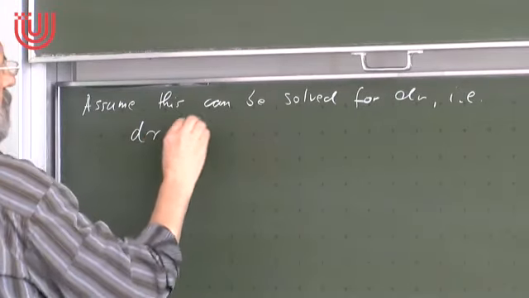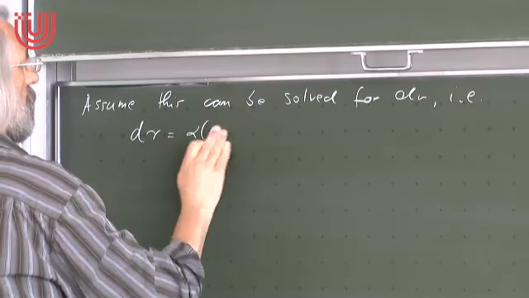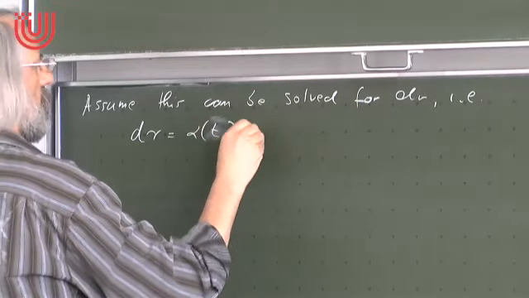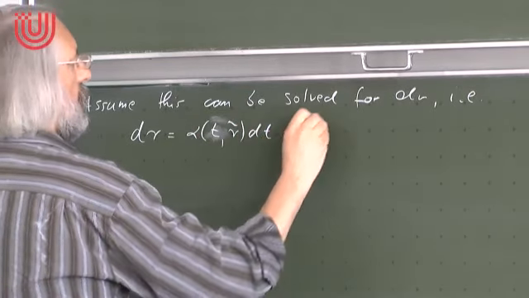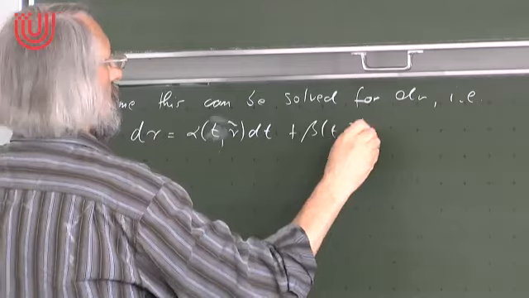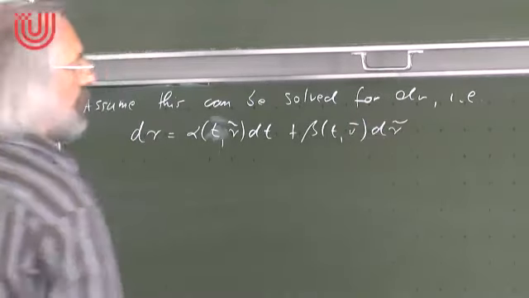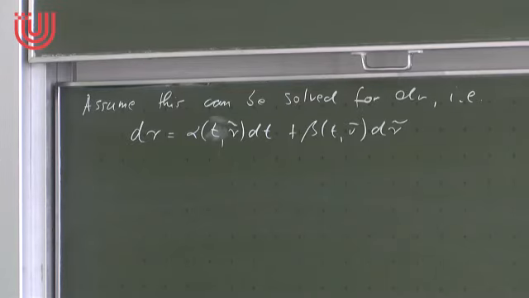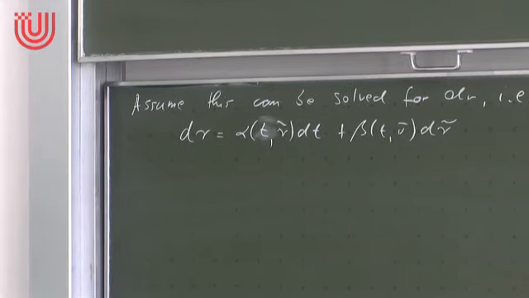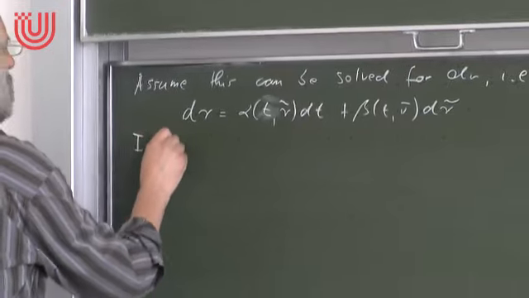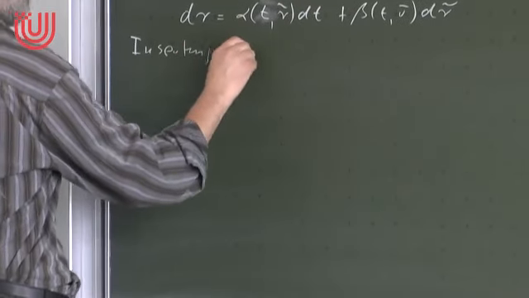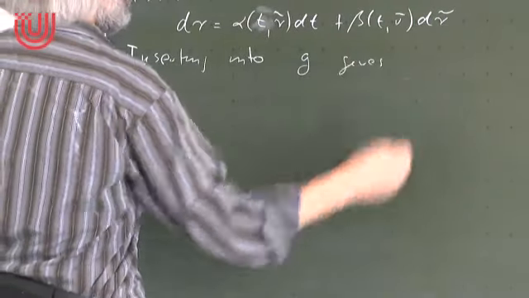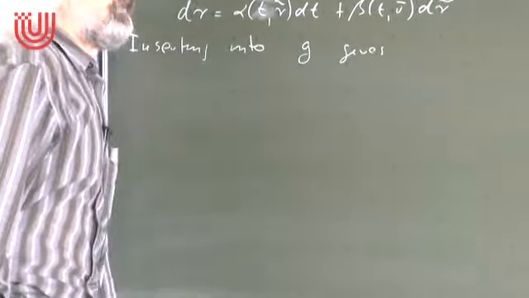So this would give us an equation of this form: alpha, t has no tilde, r has a tilde, dt plus beta of t and r tilde, dr tilde. If I can solve the equation for dr and insert it into g, it gives an expression of the following form.